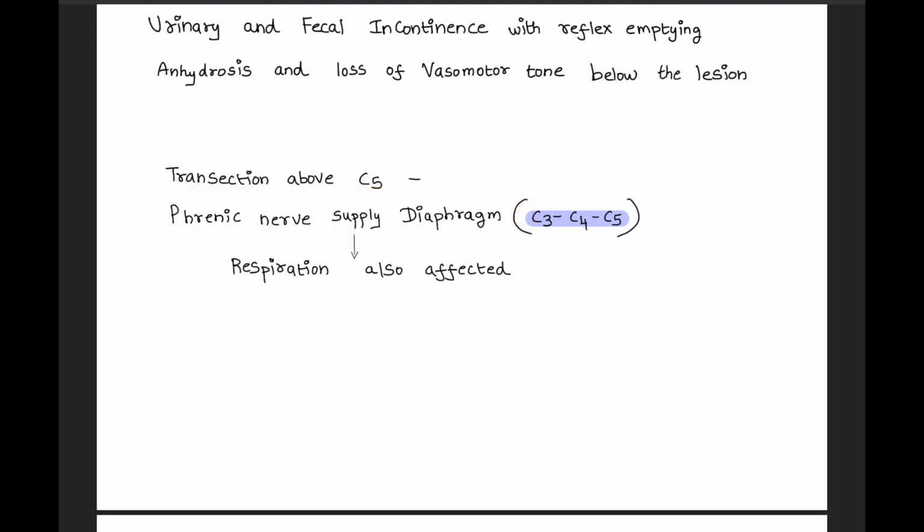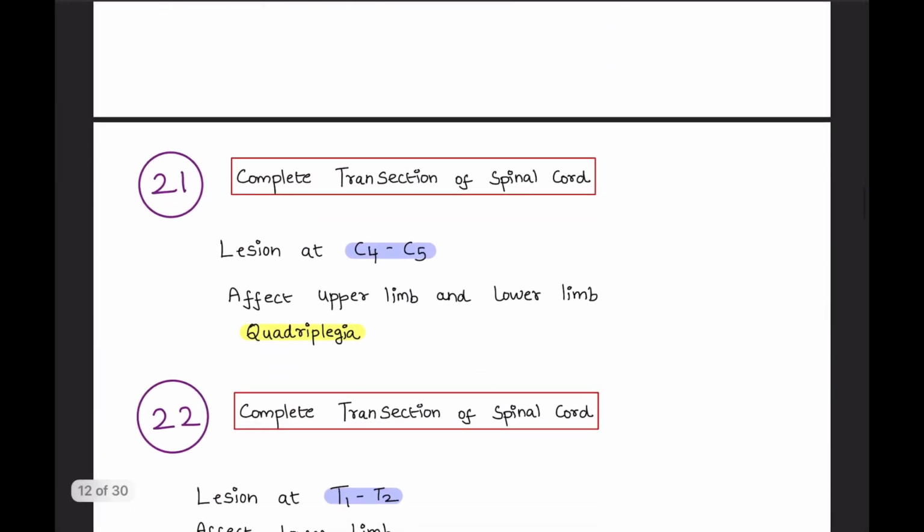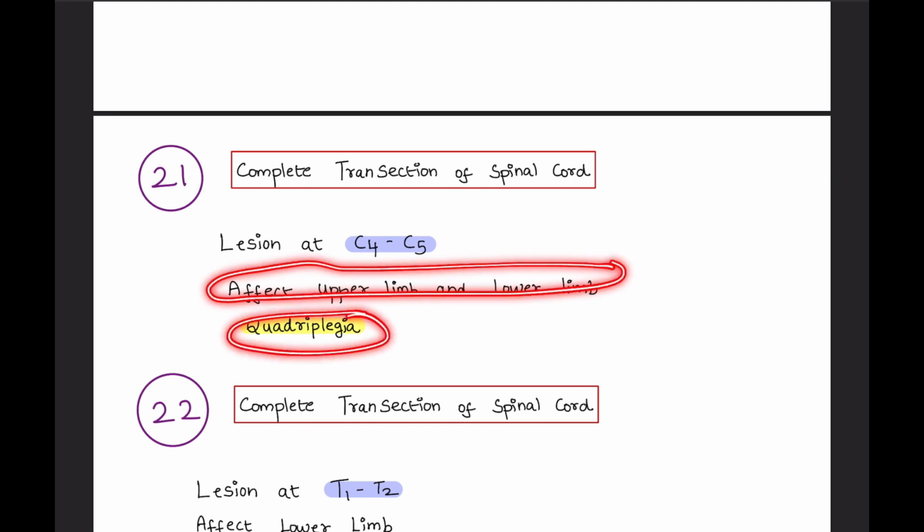I have discussed this in the respiratory lecture. In the next case, the lesion is at the cervical vertebrae 4 and 5 level. If the lesion is at C4 and C5 level, then it will affect both the upper limbs and lower limbs. This is known as quadriplegia.